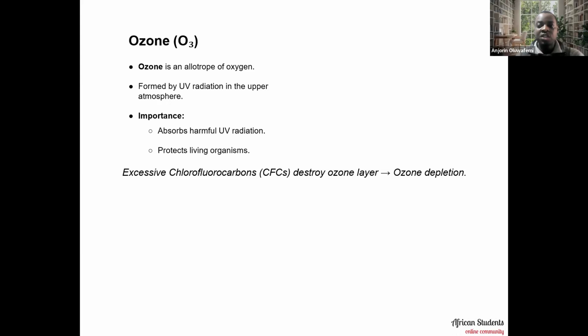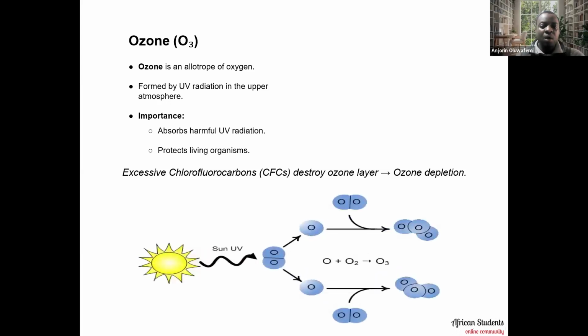That will have a generally bad effect on us as humans or even animals too. Okay, so this is the sun, and then you have the UV, you have ozone being formed like that. So that is the setup for the formation of ozone. Okay, so that's that for that.